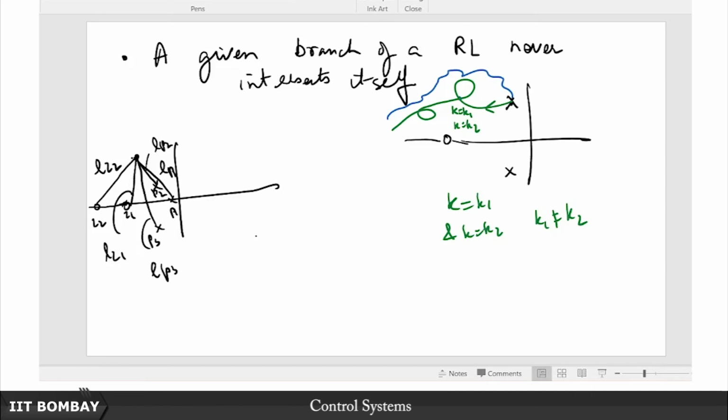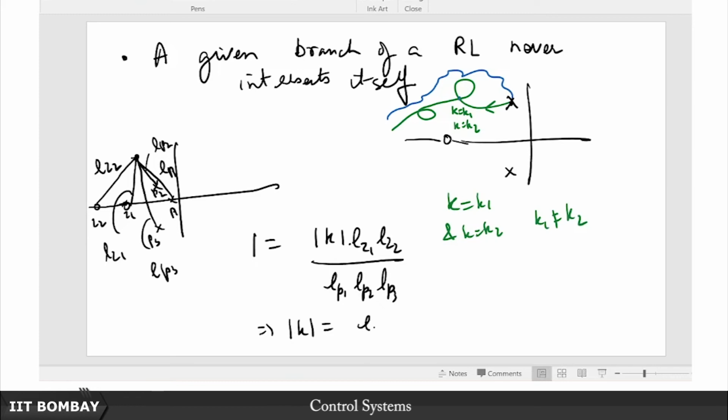I know that 1 is equal to the magnitude of k times LZ1, LZ2 upon LP1, LP2, LP3. So in other words, the magnitude of k is given by LP1, LP2, LP3 divided by LZ1, LZ2.